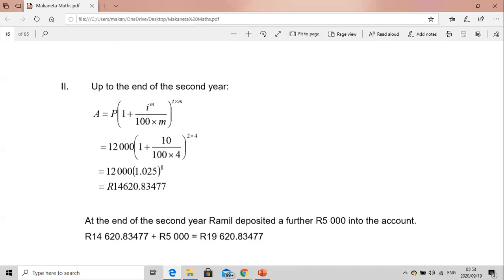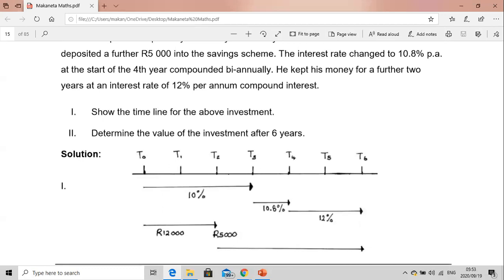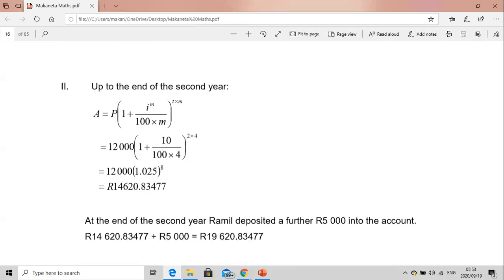Now, at this point, we need to check what the value of the investment was at the end of the second year. Remember, at the end of the second year, that is where we looked at the 10% there. And of course, we are looking at the 12,000 rands. Now, 12,000 rands has now grown to 14,620 rands and 83 cents.